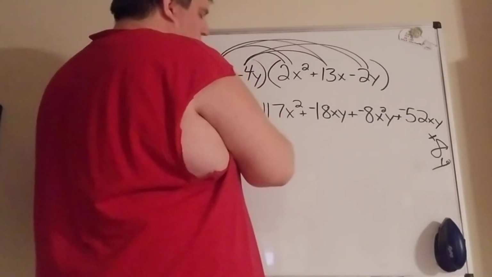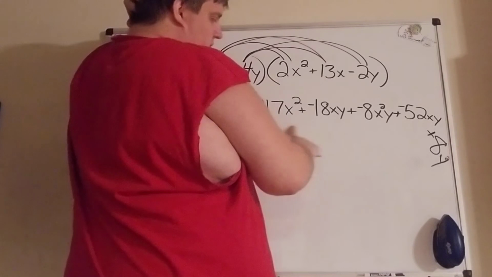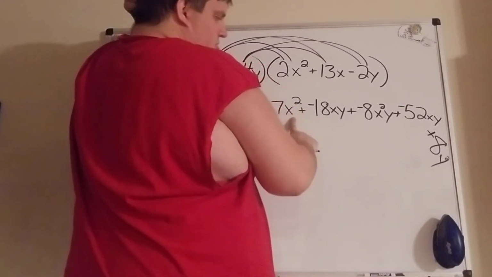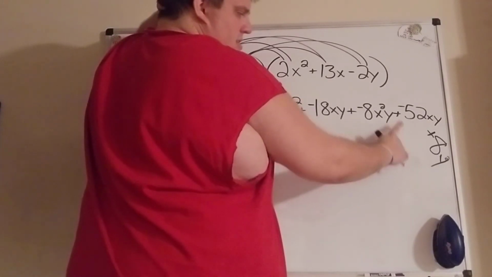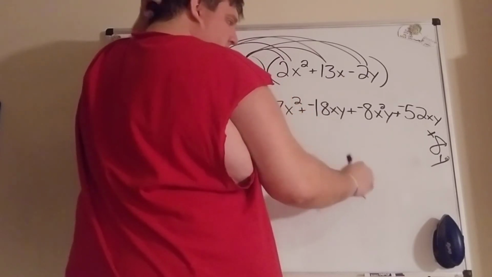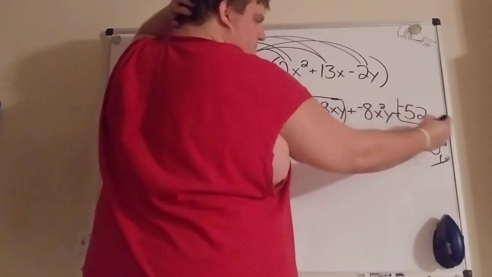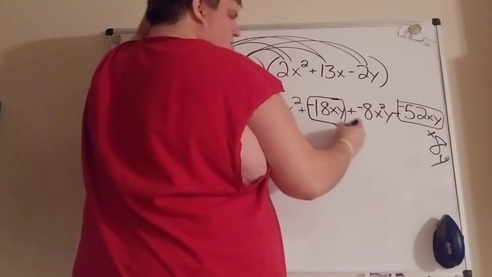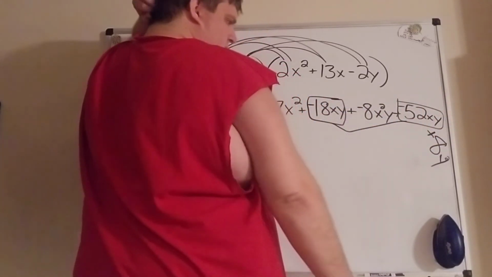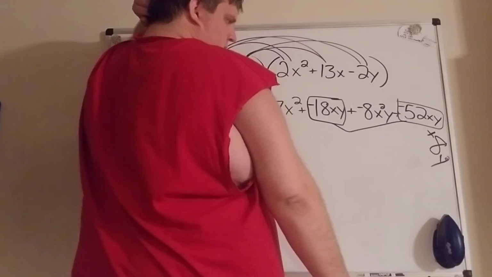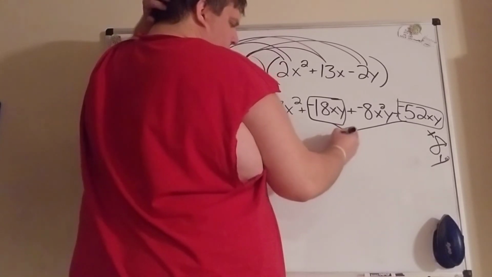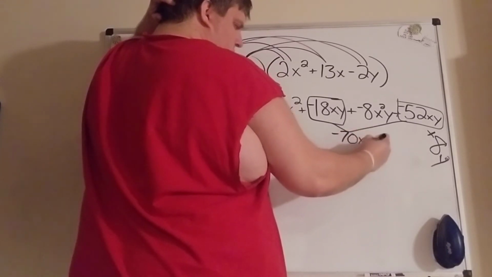I just kind of always go one at a time. So x cubed, I don't have any other x cubeds. Do I have any other x squareds? That's x squared y, and not quite the same thing. I do have negative 18xy and negative 52xy, so I can add those together. Negative 70xy.